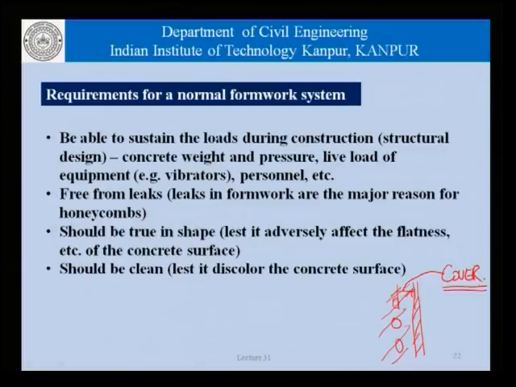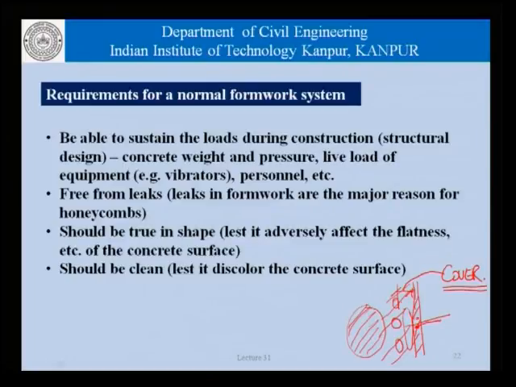We must remember that depending on whatever happens at the formwork level or in the formwork, the properties of the concrete in this portion here are the ones that are likely to change most. Formwork is not likely to affect the properties of main body concrete, but it has a direct bearing on the properties of cover concrete, and the properties of cover concrete are a very important issue when we are talking in terms of durability of concrete structures.